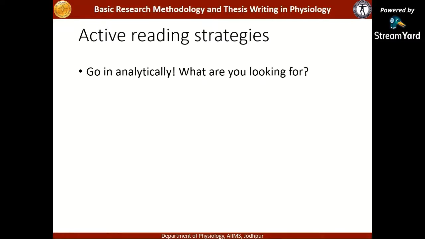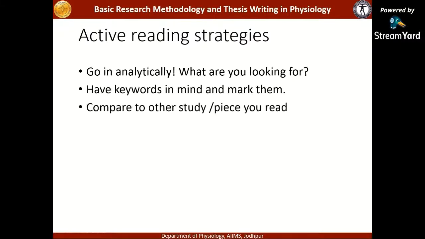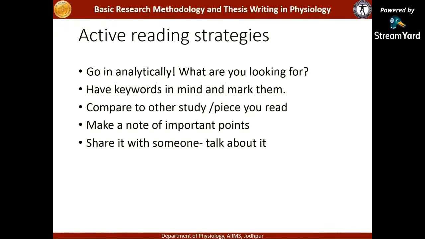What are you looking for in that particular article? Have keywords in your mind and mark them in the article. Compare it with the other studies or pieces you read. Make a note of important points. Share it with someone and talk about it.